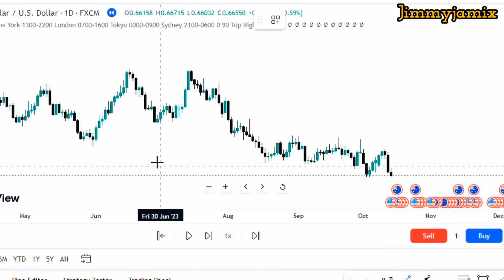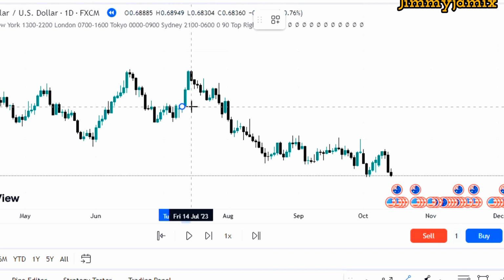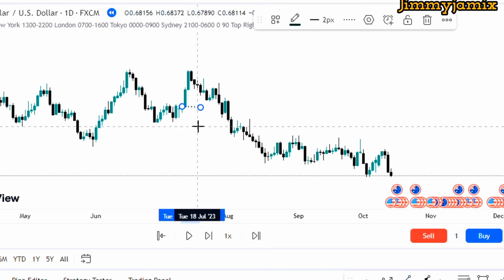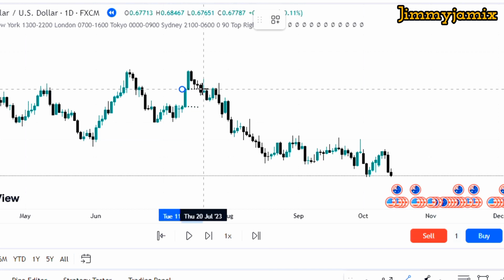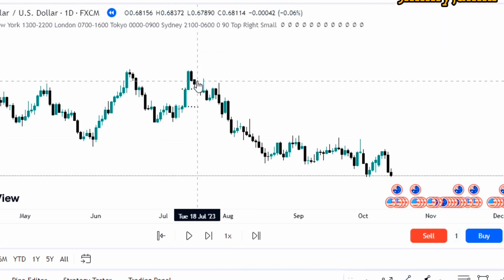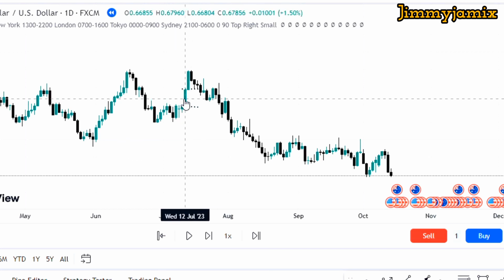If I have this candle here, this is the first candle, another one here is the second candle in the middle, and then the third candle here. What is in between the third candle and the first candle, this is what we call a fair value gap.